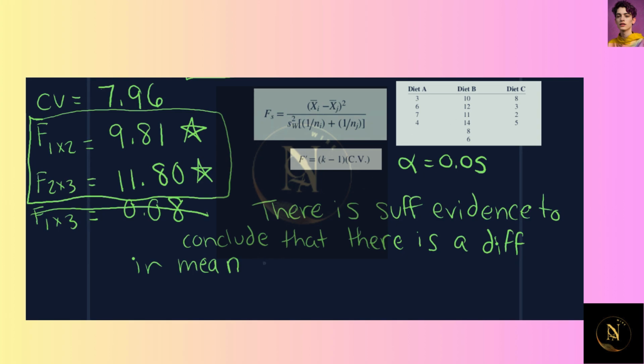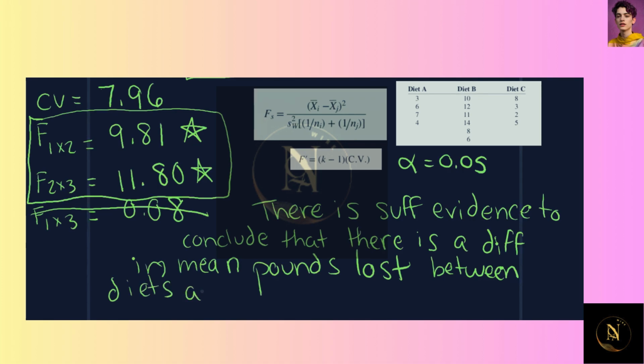Oh no, they were mean pounds lost. Okay, mean pounds lost, sorry about that. So there is sufficient evidence to conclude that there is a difference in mean pounds lost between diets A and B and between diets B and C.